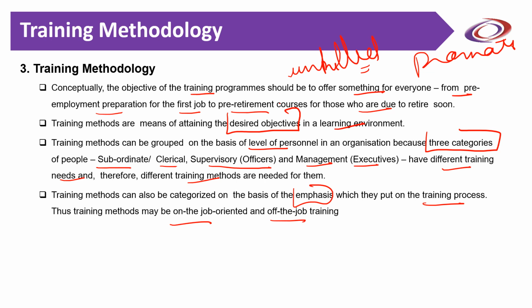Then we have committee assignment. It is again similar to the special project method. However, here the trainee executives become members of the special committees that are designed to solve specific problems. So the executives as a team study and discuss the problems that are assigned to it, and then they submit the report containing various suggestions and recommendations. So as a team they work.